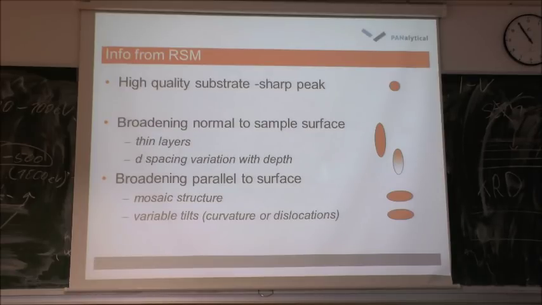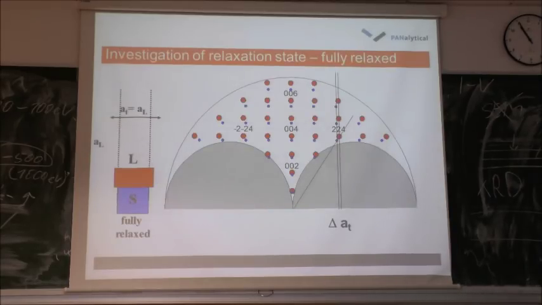And this can be represented as this kind of broadening in the RSM. Plus, if you observe something similar on the substrate peak, this can be related to the curvature of the substrate.